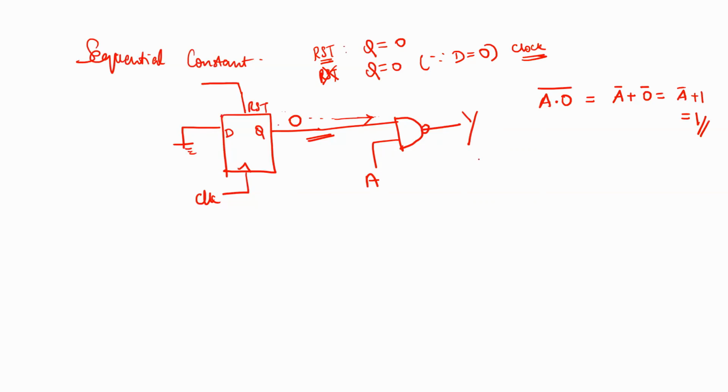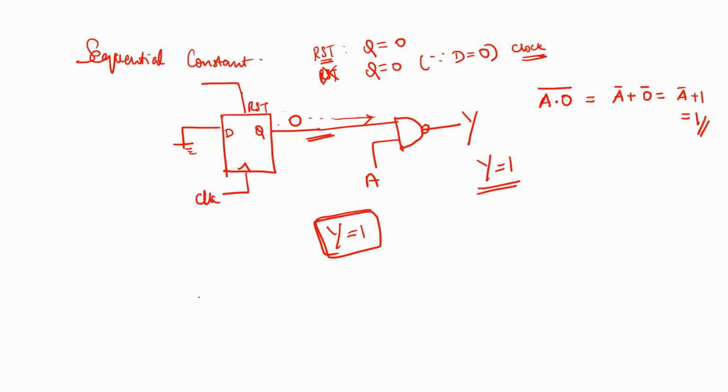So Y is always 1 irrespective of clock, reset, Q, A, anything. Y is always 1, and that happened because of the sequential constant. So effectively, I don't need any of these gates, Y will be equal to 1 always. So this is an example of sequential constant propagation.